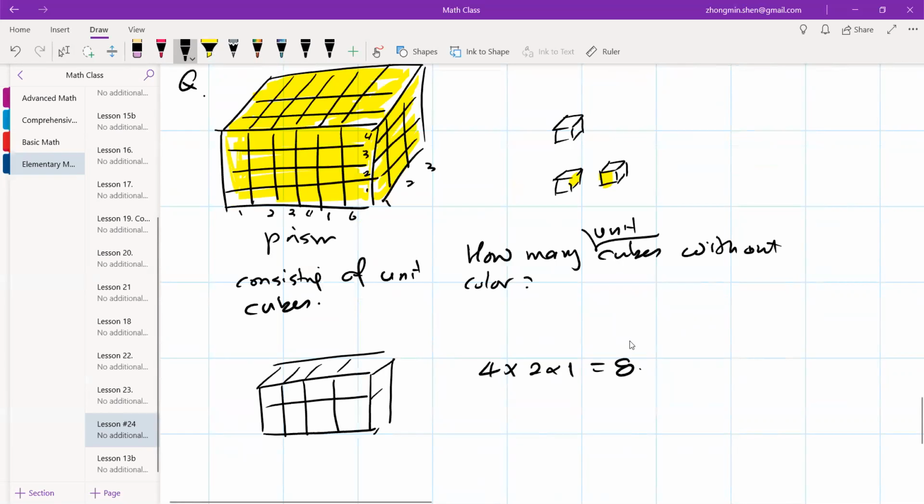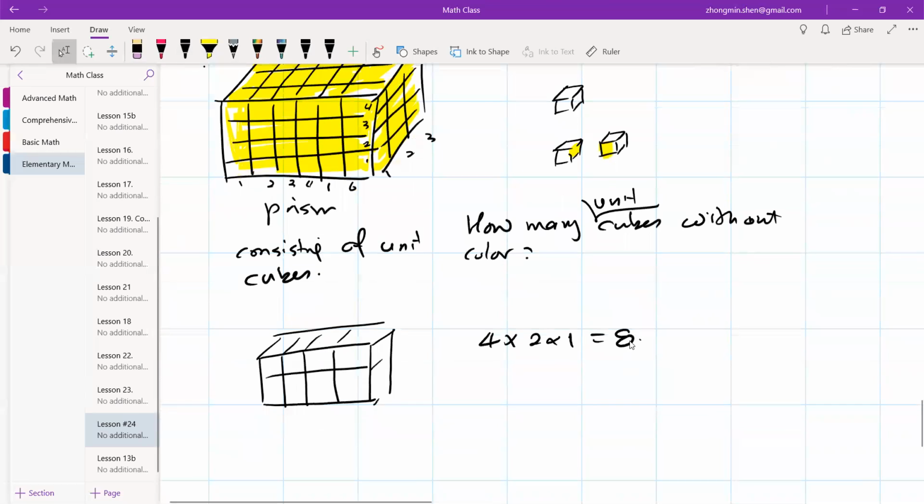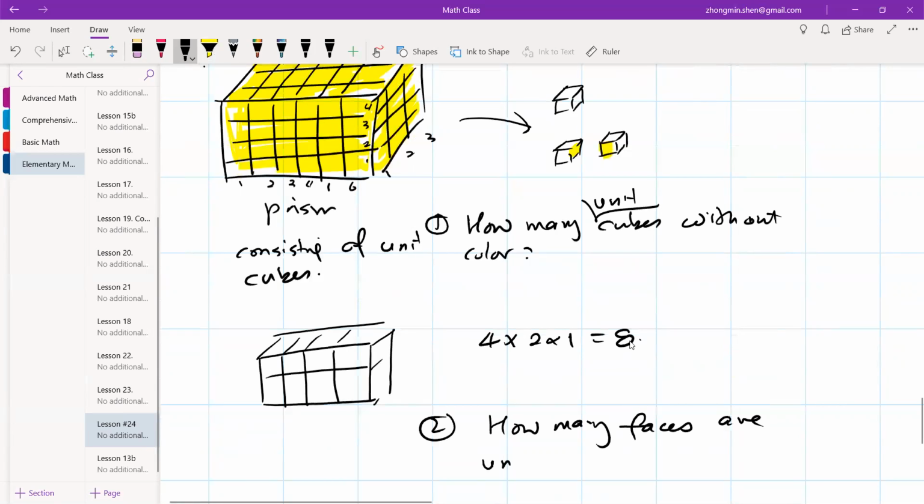My next question is a challenge. After you disassemble it, this was the first question. The second question is, how many faces are unpainted? This is difficult.